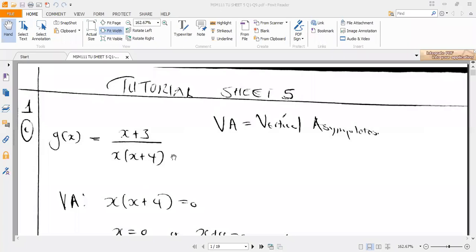So when we have a 0 down here in the denominator, this function will be undefined.